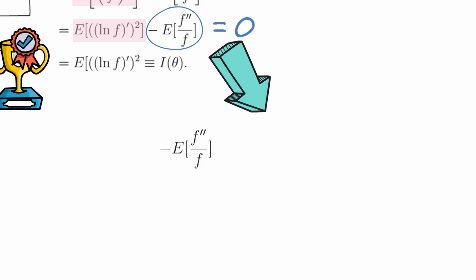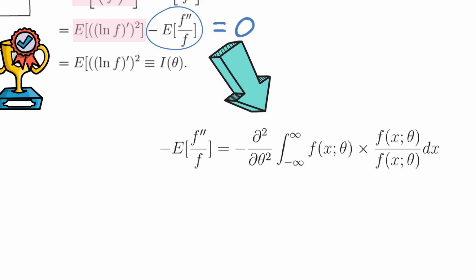We have the expectation, which we are now going to write as an integral from minus infinity to infinity times the density. And f double prime we're going to write as the second derivative of f. Now the integral and the differential operator can be swapped. These are both linear operators. So therefore we rewrite that term as minus the second derivative with regard to theta of the following term.